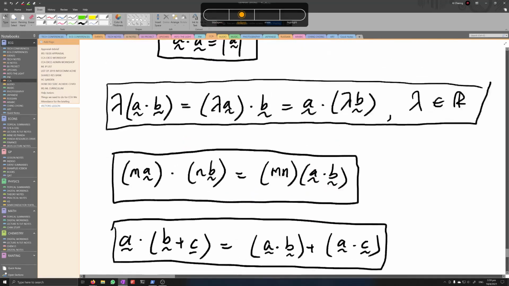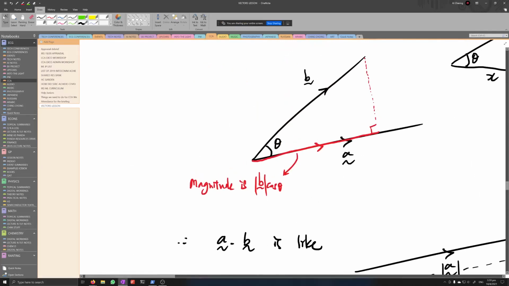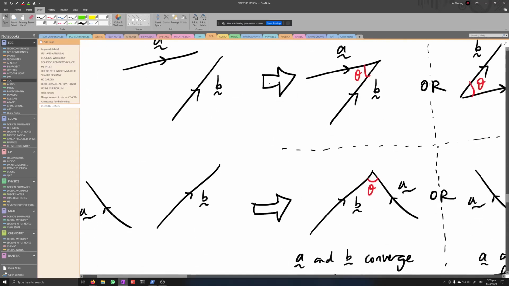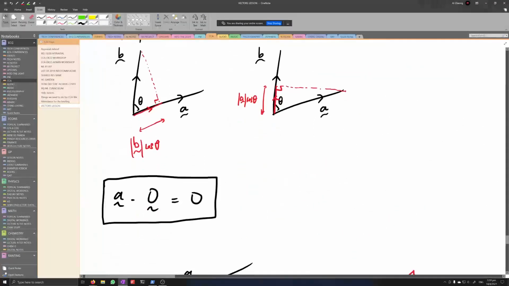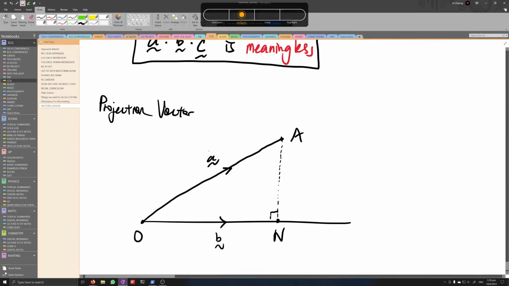So earlier on, when we were looking at the dot product, I introduced you to the idea of dropping a perpendicular line down here, and then using cosine theta to find this distance, this magnitude. Very similarly, it's tied to the idea of projection vector.